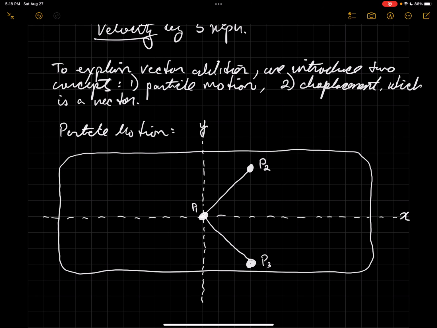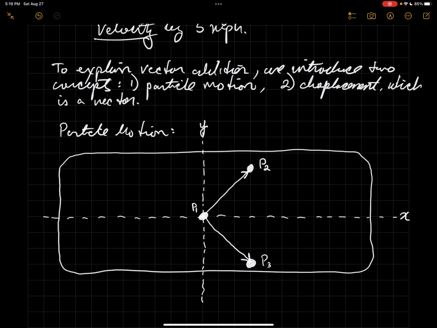And there's the direction that the ball moved. In fact, in this case, it's that direction that distinguishes the ball's displacement as it moved from point 1 to point 3.